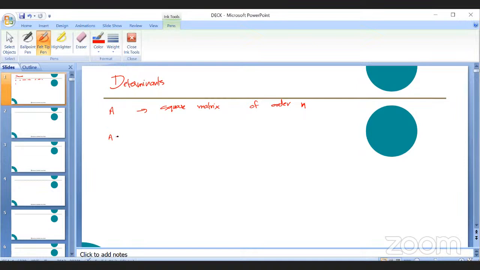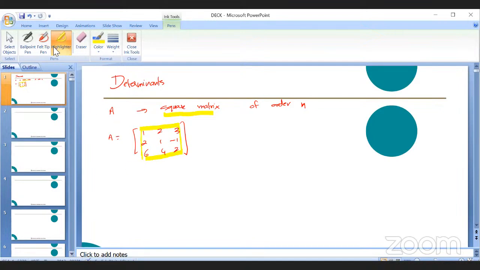Usually, the matrix A will be something like 1, 2, 3, 2, 1, minus 1, 6, 4, 2. This is a matrix. And what is a matrix? It is an arrangement of numbers in the form of a square.